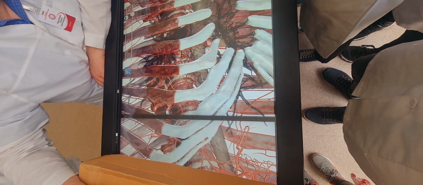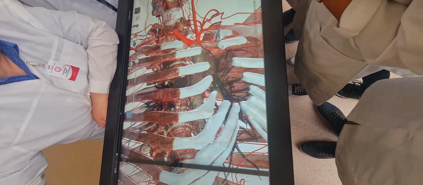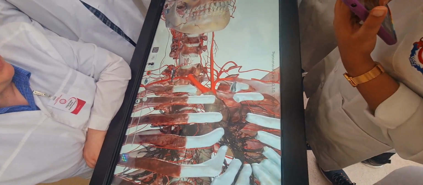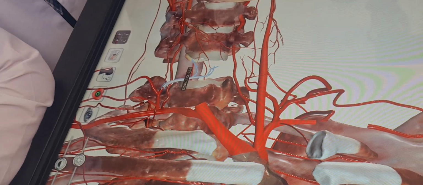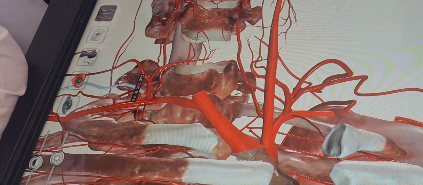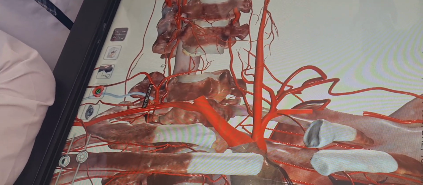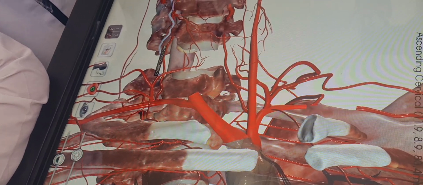Thyrocervical trunk, and thyrocervical trunk gives inferior thyroid artery, arteria thyroidea inferior, here it is. The same, it gives arteria suprascapularis, this one, and arteria cervicalis ascendens, here.